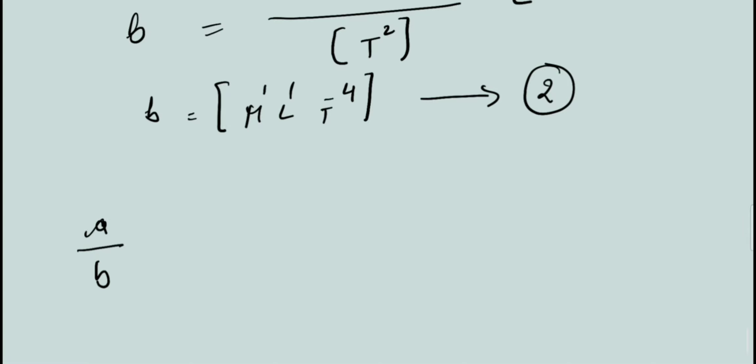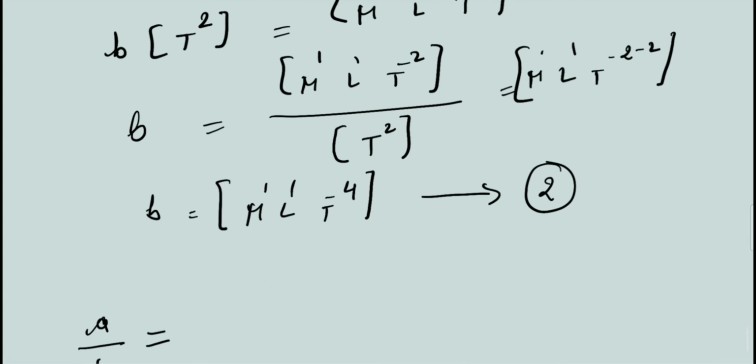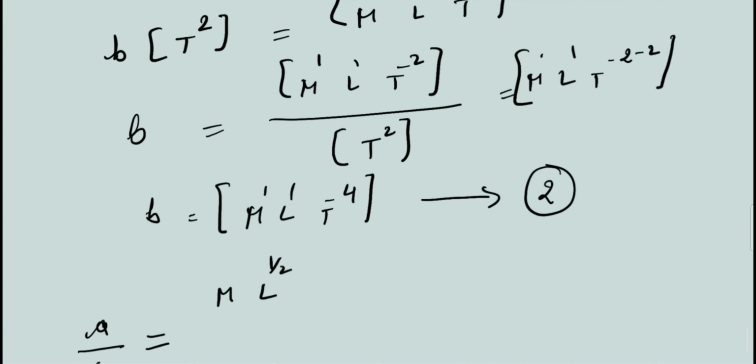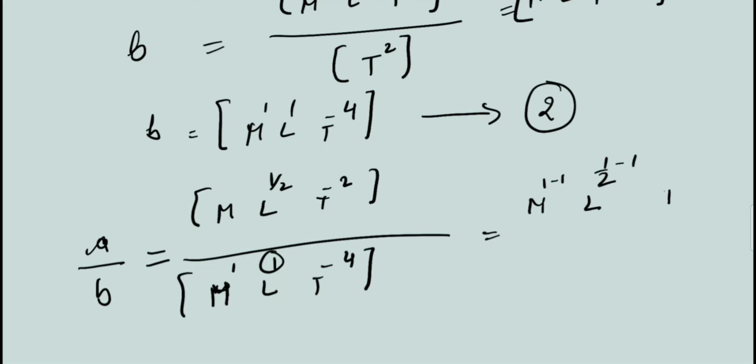a divided by b is equal to, a is M1 L raised to power half T raised to power minus 2, divided by M1 L1 T raised to power minus 4, the dimensional formula for b. Now we'll solve this. We'll get M raised to power 1 minus 1, L raised to power half, this will become minus 1, and T raised to power minus 2 plus 4.